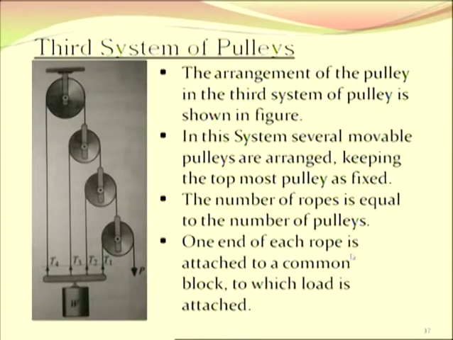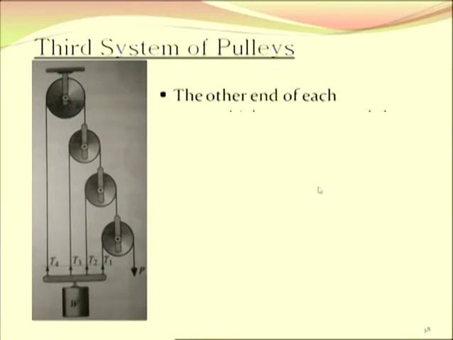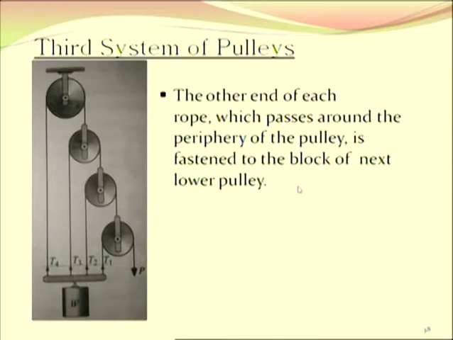One end of each rope is attached to a common block to which the load is attached. So here is a common block. Each rope is tied with this and the load is applied below it. The other end of each rope, which passes around the periphery of the pulley, is fastened to the block of the next lower pulley.